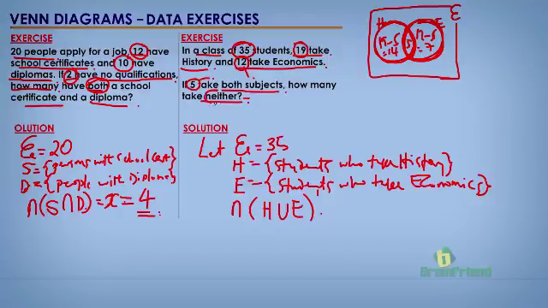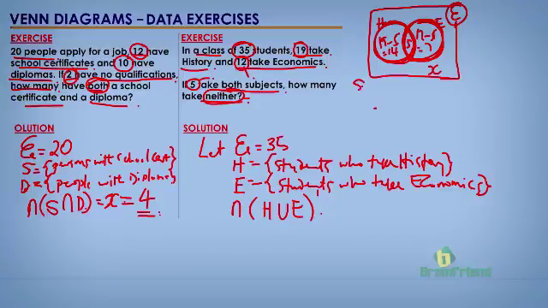Finally, we have a set of students that take neither of the courses. That category of students that take neither of the subjects will be indicated outside of the borders of those that take history and economics, but still within the border of our universal set. So we could write that as X, which is our unknown.